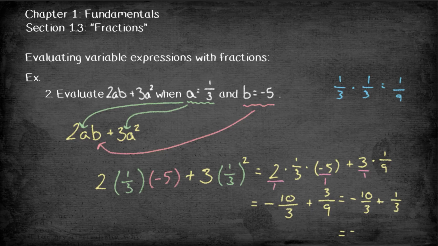I have 10 over 3 and 1 over 3. I'm subtracting their absolute values because the signs are different to end up with -9/3 or -3. And that's it for section 1.3.